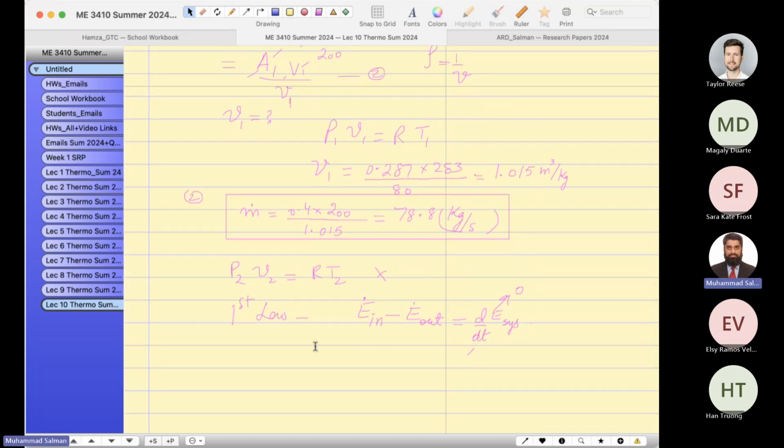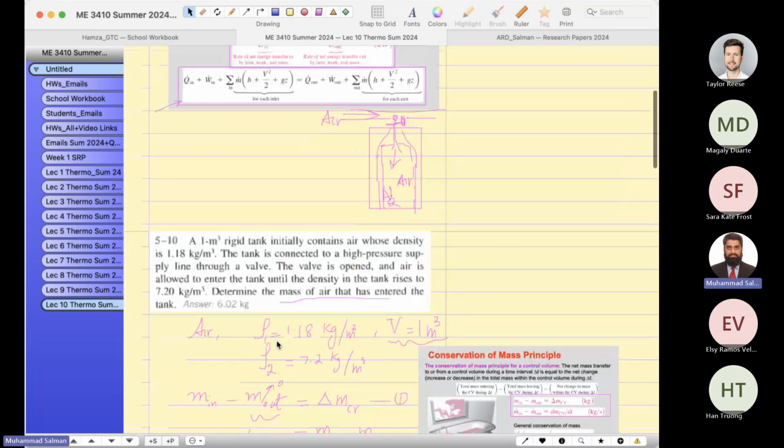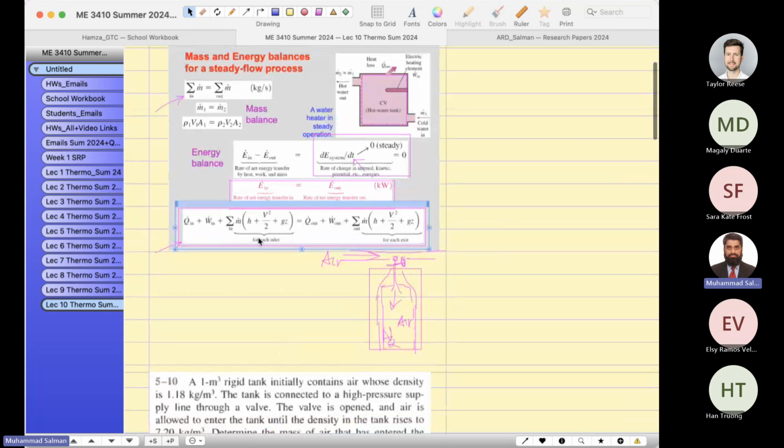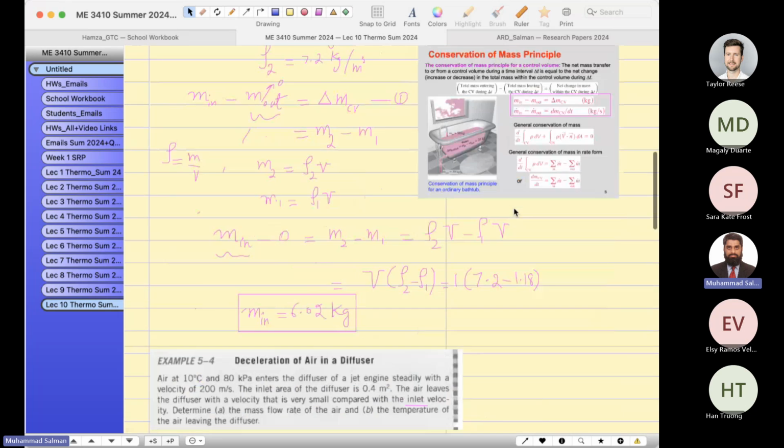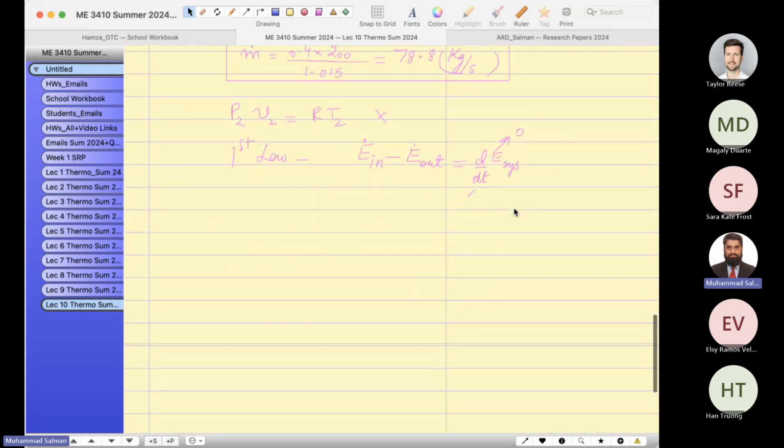Now, let me tell you this equation. As I mentioned, this equation is very important for the first law of thermodynamics for control volumes. So let's use this equation.